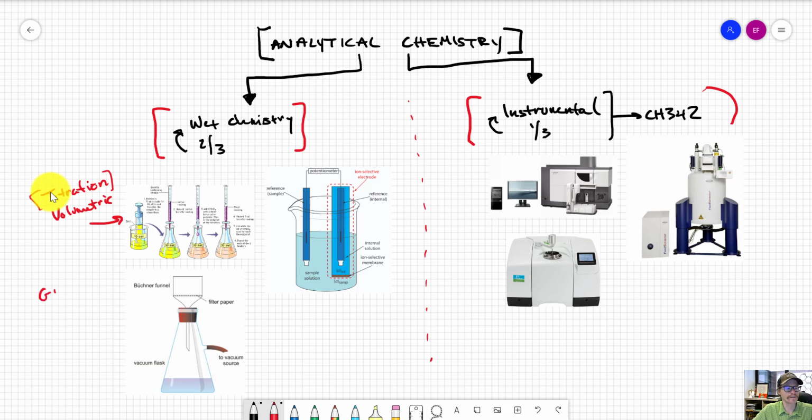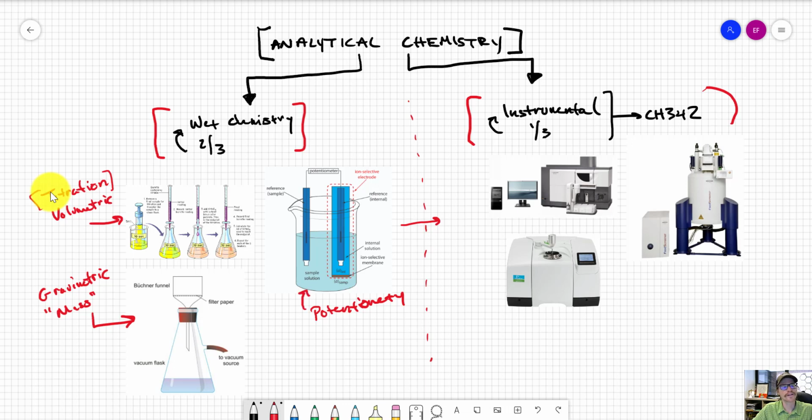We can have gravimetric analyses, which is by mass. That's reacting things and then measuring them very accurately, filtering them out, and then weighing them on an analytical balance. And then we can have some electrochemistry. Electrochemistry is an in-between area where it's almost instrumental, and sometimes it can be, but in its basic form we can have things like potentiometry, where we're measuring the voltage of a solution, and that often tells us something about the concentration.